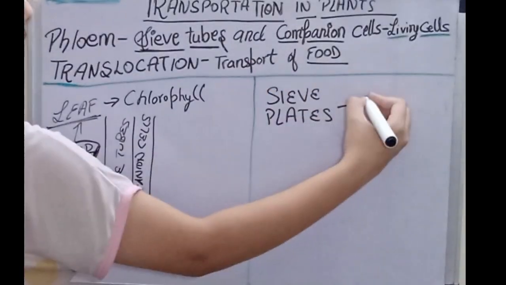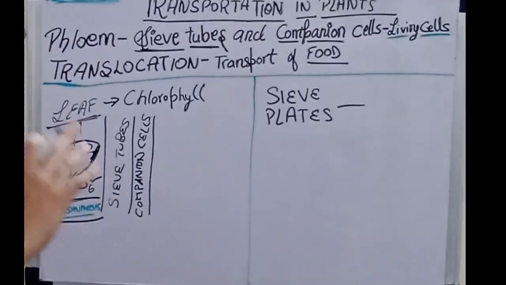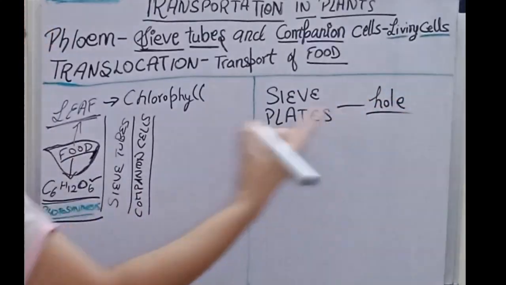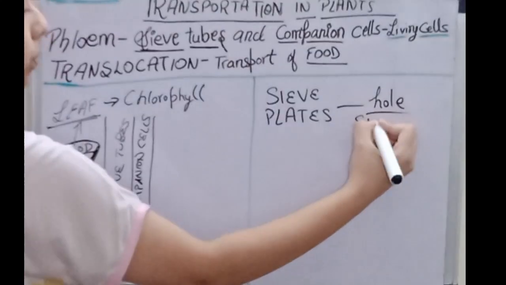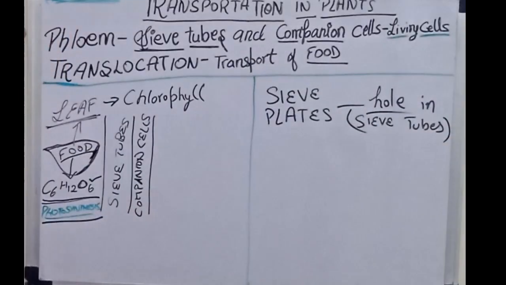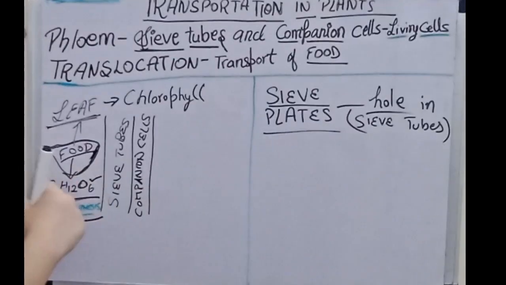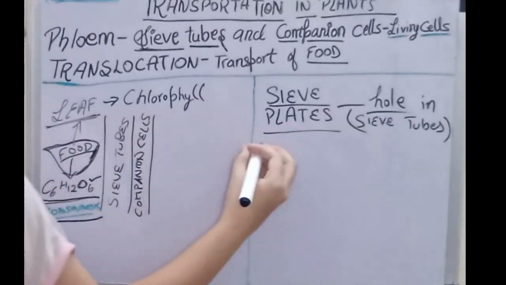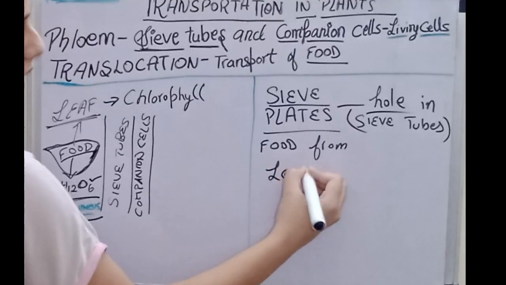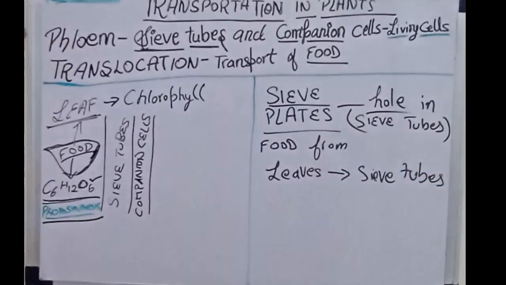This is not mentioned in your NCERT as far as I remember, but for better understanding I am telling you, sieve plates are just like holes in your sieve tubes. This helps in transportation of food from leaves to sieve tubes. This is what happens.